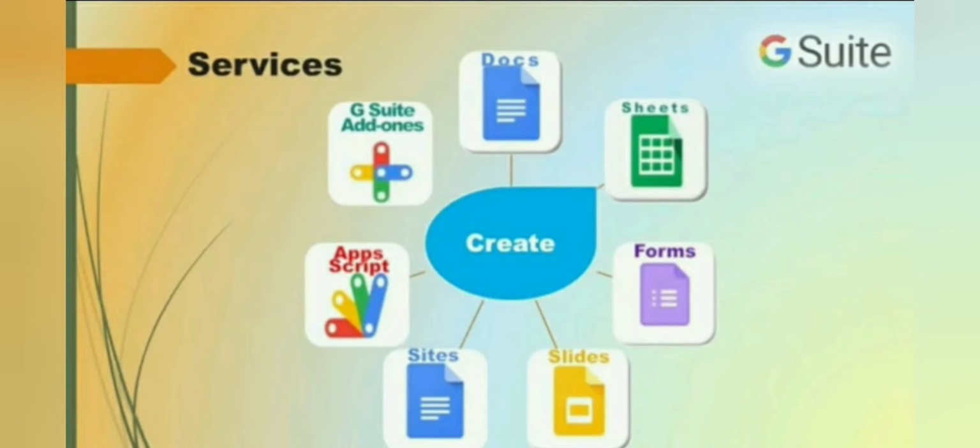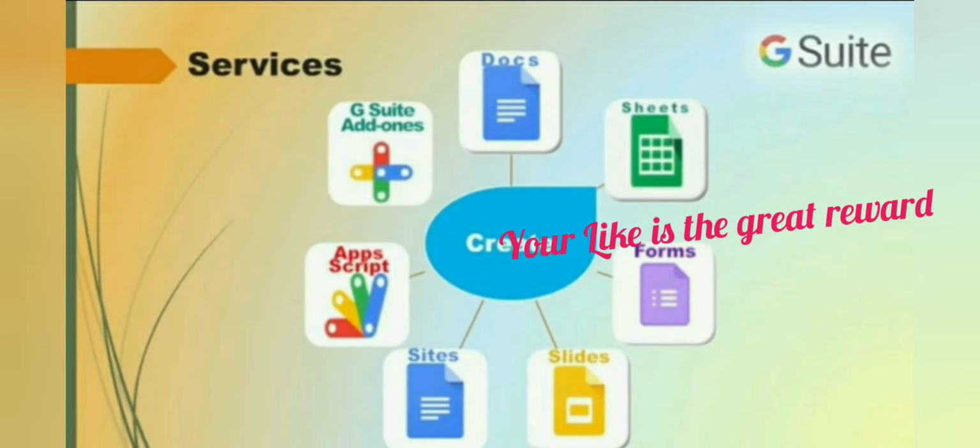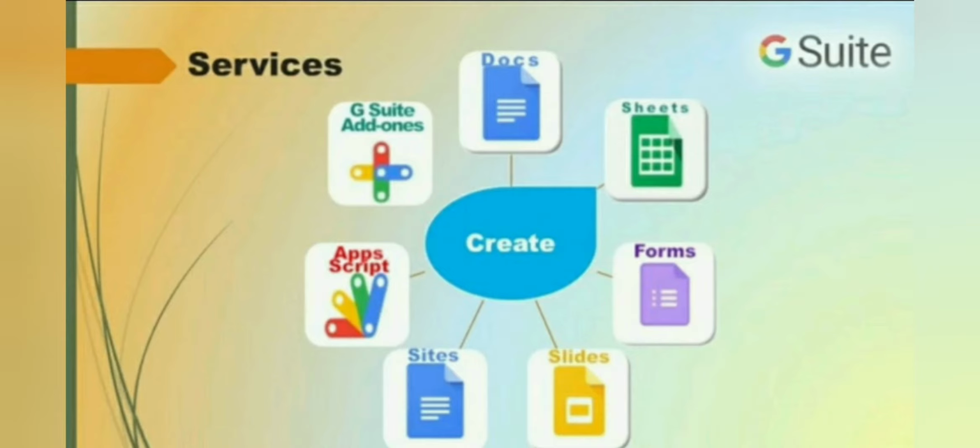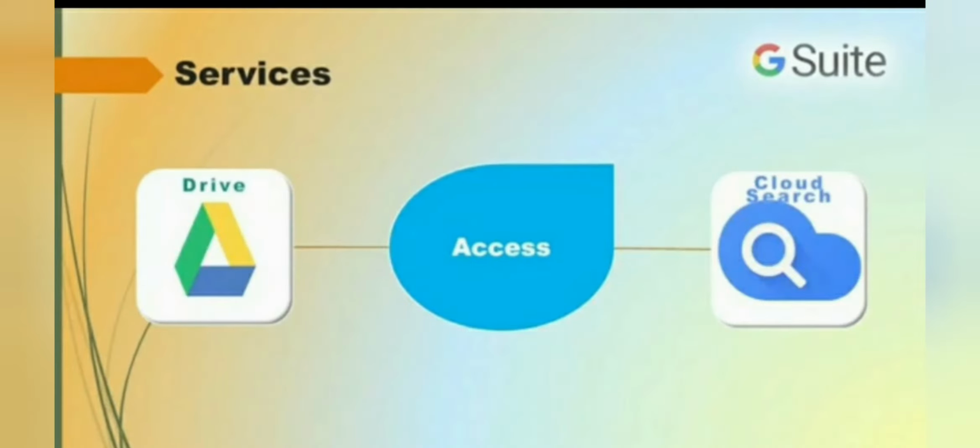Okay, so the create service is providing Docs, Sheets, Forms, Slides, Sites, App Script, Gsuite add-ons. These are the features available under this create service. Okay, then the next one, access, we are all familiar with. To access all those things we are using Google Drive as well as Cloud Search.